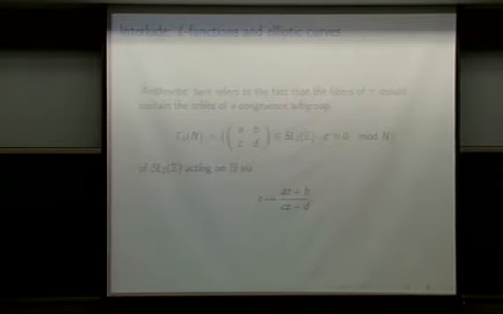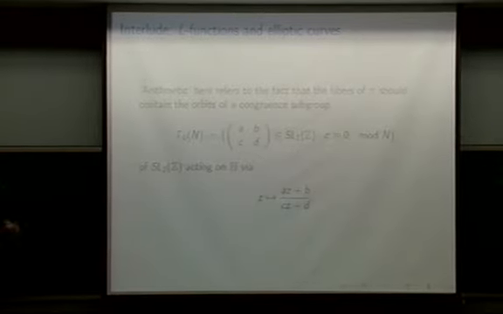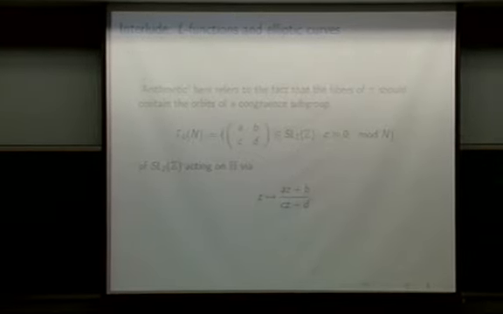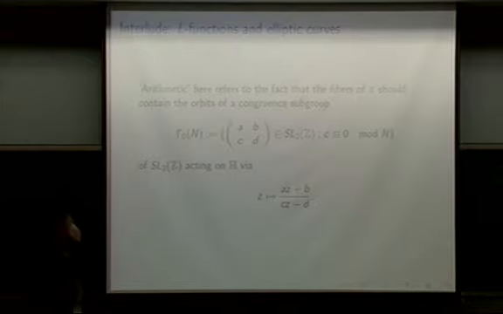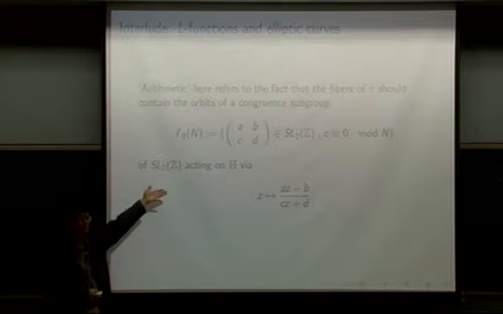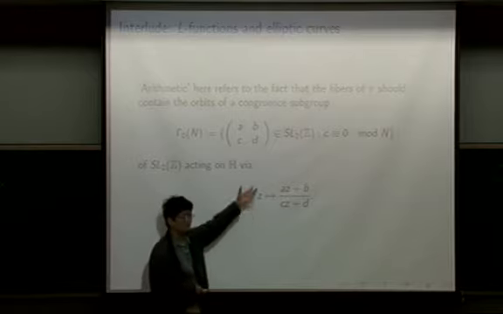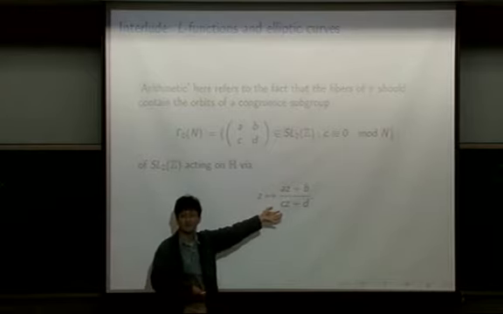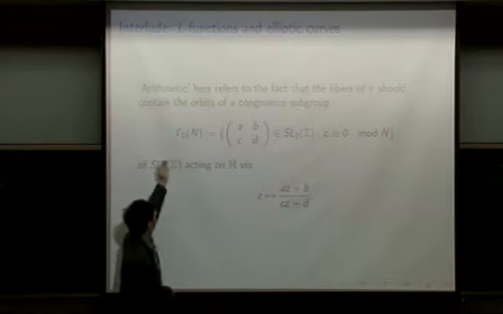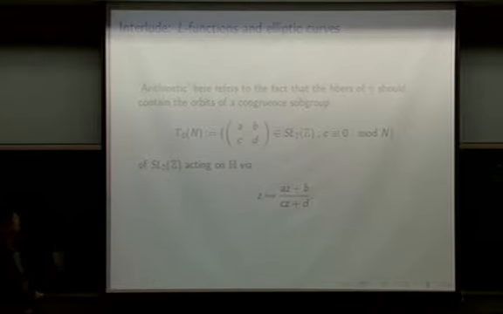It says that the fibers of the map, as you go from the upper half plane to the elliptic curve, have to contain the orbits of one of these arithmetic subgroups of SL2Z, the so-called group of fractional linear transformations acting on the upper half plane. This is a funny condition, but this really was a very big theorem.